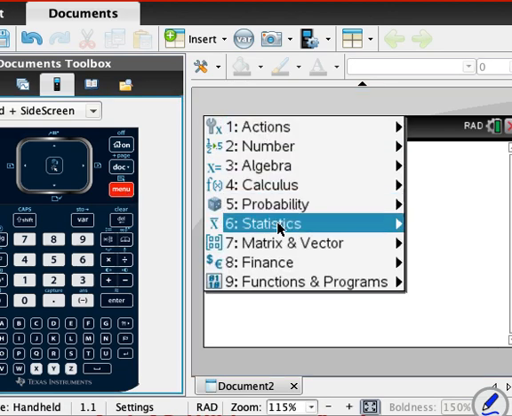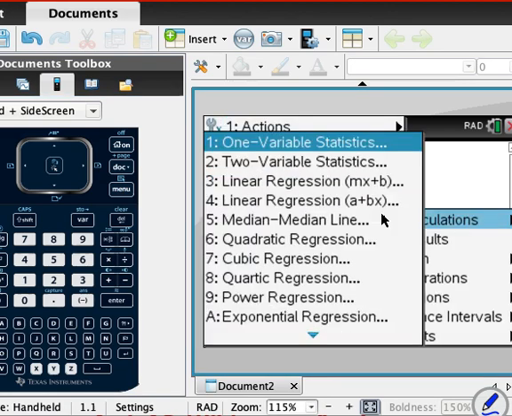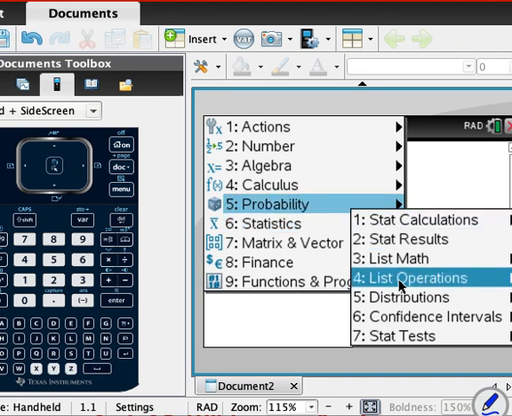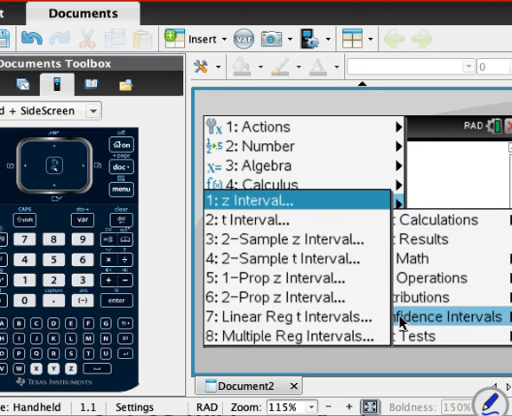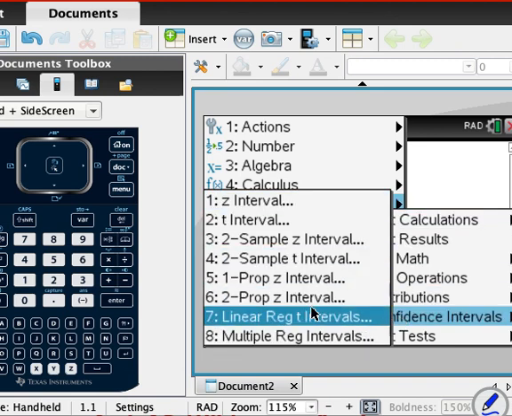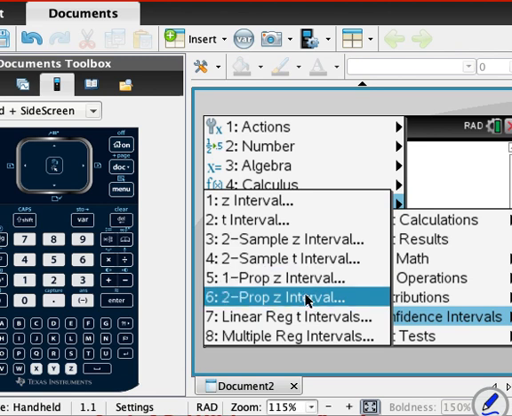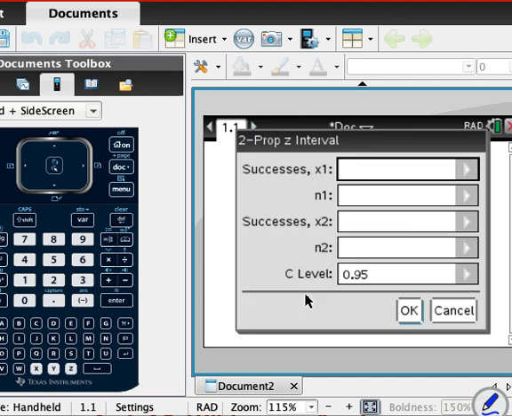So we go into statistics. Let's do the confidence interval. We can do a stat test too, but if we go to confidence intervals, the one that we want here is this 2 proportion Z interval, option number 6. This is what we did yesterday. So our number of successes here, really just defining what those groups actually are. We had 38 out of 62. We had 49 out of 61.